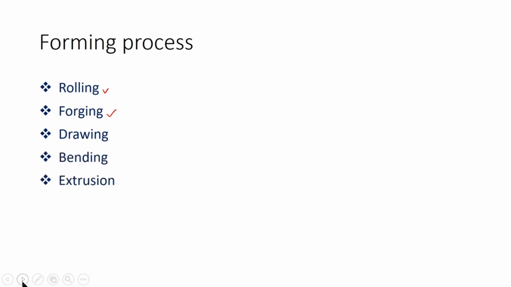Now, let us see what are the various forming processes used in the industry. These are rolling, forging, drawing, bending, extrusion, punching and blanking. All these are some of the basic forming processes. In addition to that, there are many.